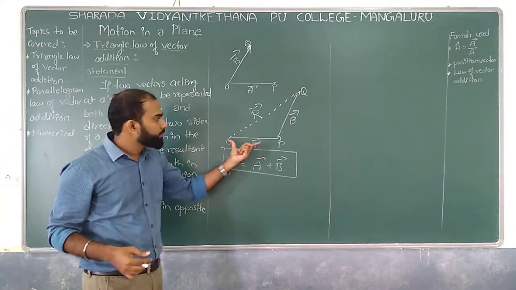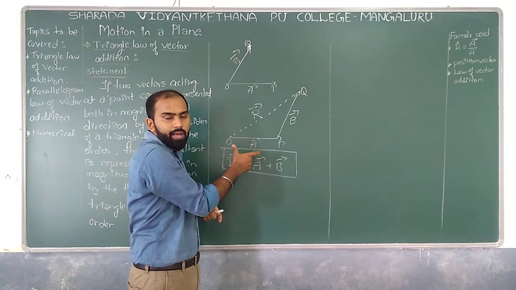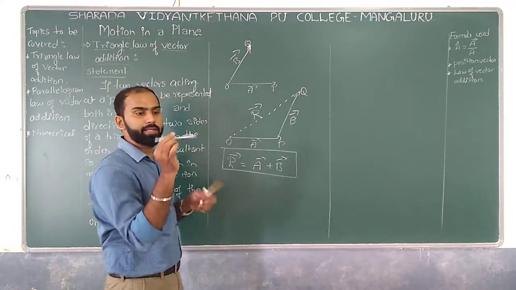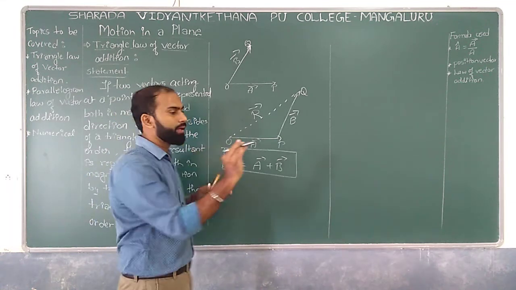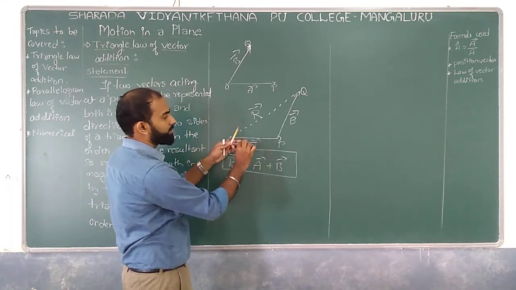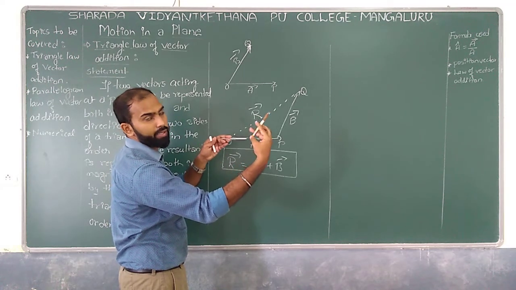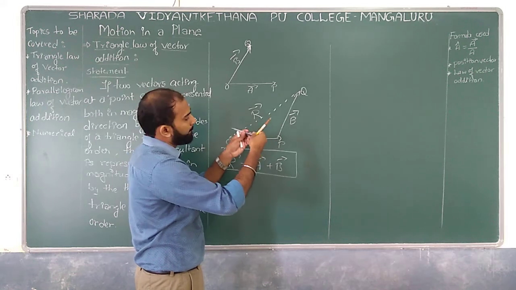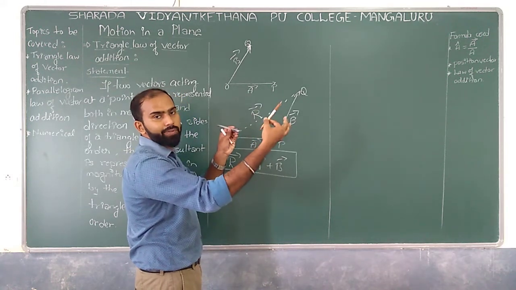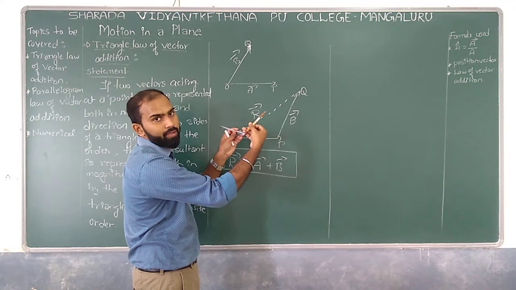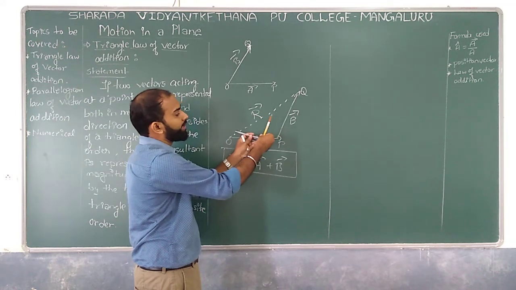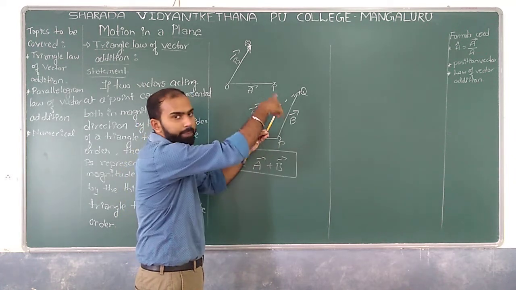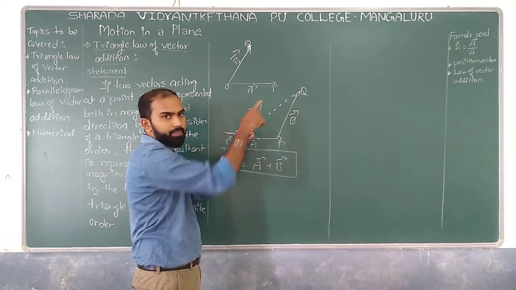Don't you think these two vectors are taken in order over here? Correct? See, if this is a head and this is a tail, and this is the tail of the second vector and this is the head of the second vector, and the tail of the second vector coincides with the head of the first vector, I can say it is ordered in a proper way, from here to here, from here to here, correct?